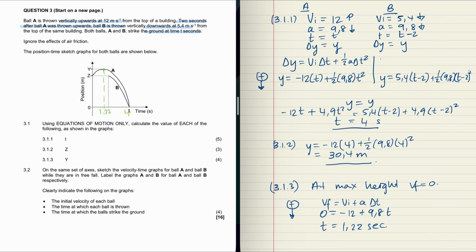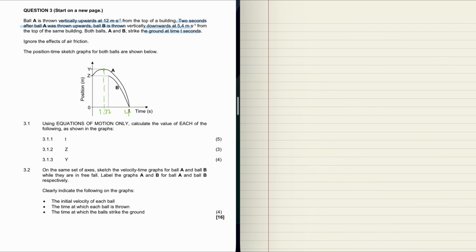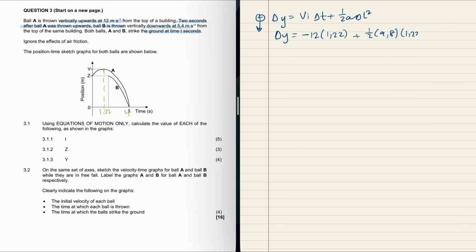So all I need to do now is substitute that value, the time of 1.22, back into an equation which can then give me the height. So I'm going to say that delta y is equal to Vi delta t plus half A delta t squared. So I want to know how far A traveled in that 1.22 seconds. Again, I'm keeping down as positive here. So delta y is equal to minus 12 times 1.22 plus half into 9.8 times 1.22 squared.